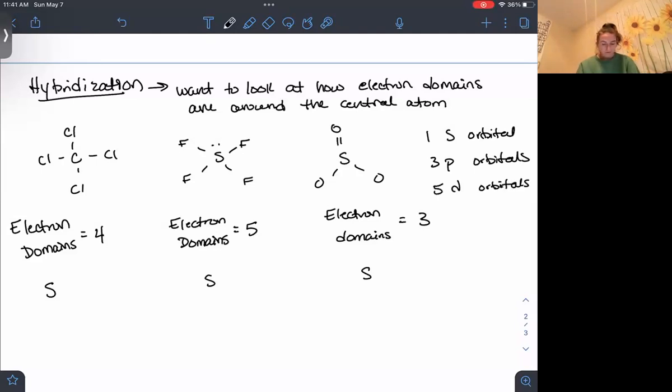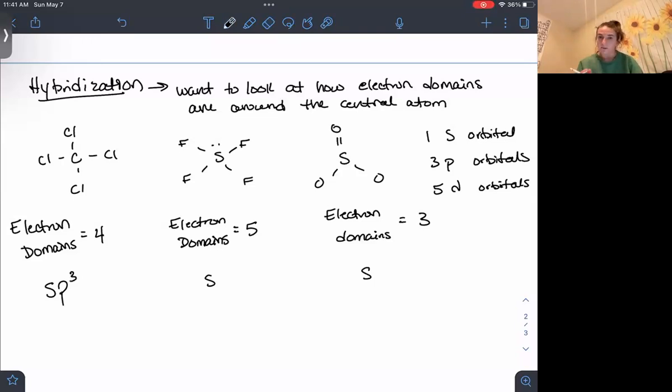Okay. So if we use 1 orbital with our s, we need 3 more orbitals in order to get to a total of 4. What are we going to use in order to get to a total of 4 orbitals? Good. We can use sp. And then we're going to use 3 of those p orbitals. Okay.